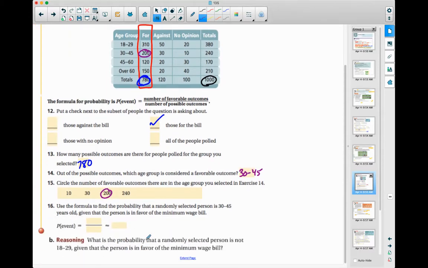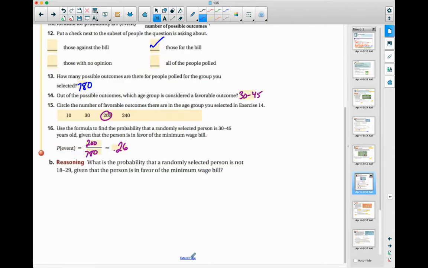So use the formula to find the probability that a randomly selected person is 30 to 45 years old, given that the person is in favor of the minimum wage. It's going to be 200 out of 780. Pop that in our calculator and we get about 0.26, or about 26%. Part B says, what's the probability that a randomly selected person is not 18 to 29, given that the person is in favor of the minimum wage?